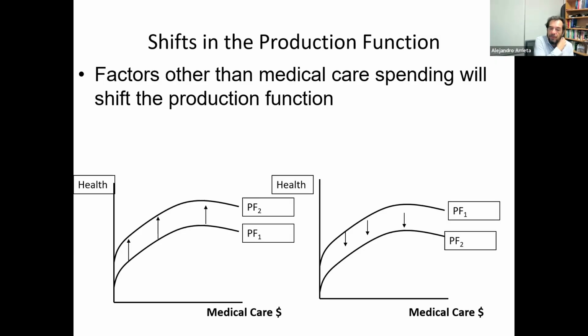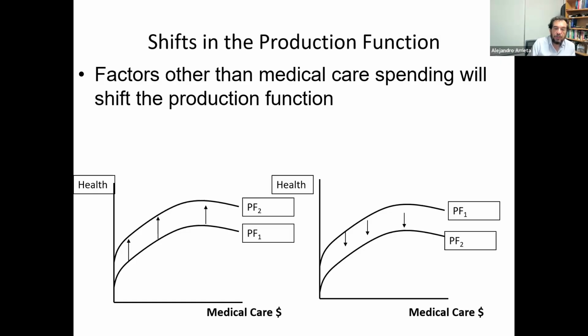So all the production was affected due to COVID, and we produce less with the same expenditure. That implies a reduction, a shift down, in the production of health.